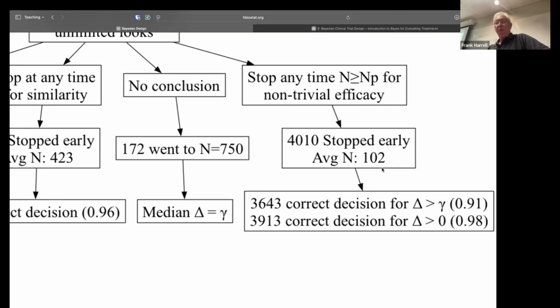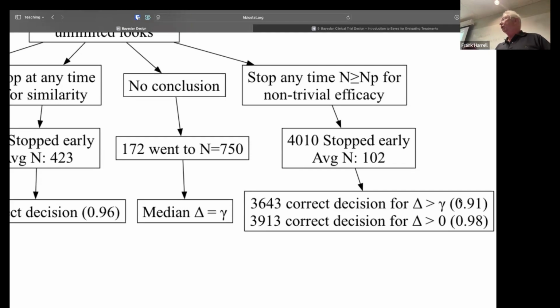So we have adequate precision and we have a high probability of efficacy. And how accurate were the decisions? Well, in terms of how often you were correct that the treatment is better than trivial, you were correct 3643 out of 4010. That's 91% of the time.